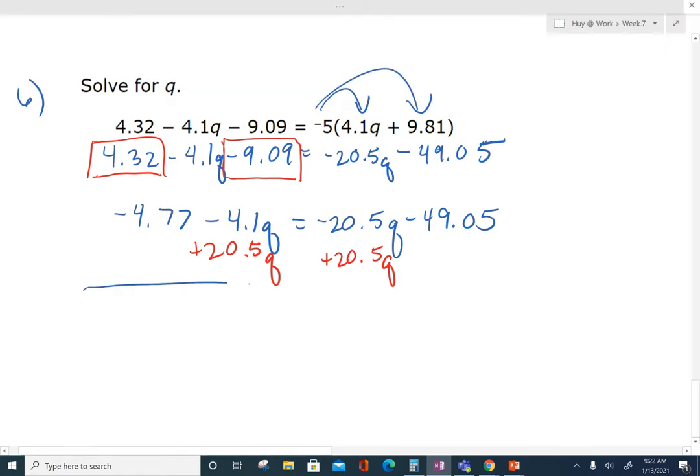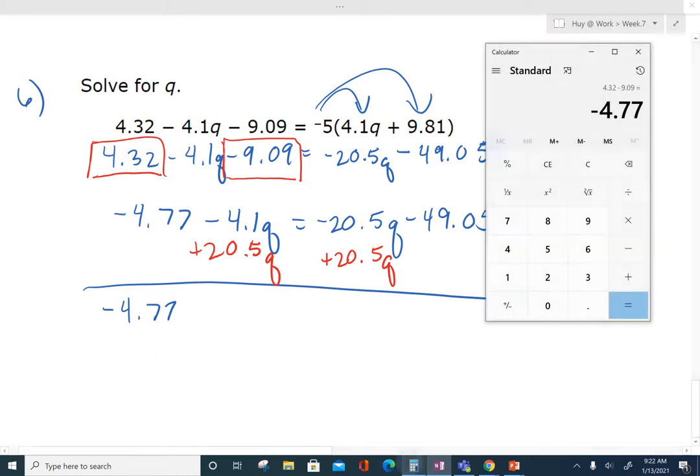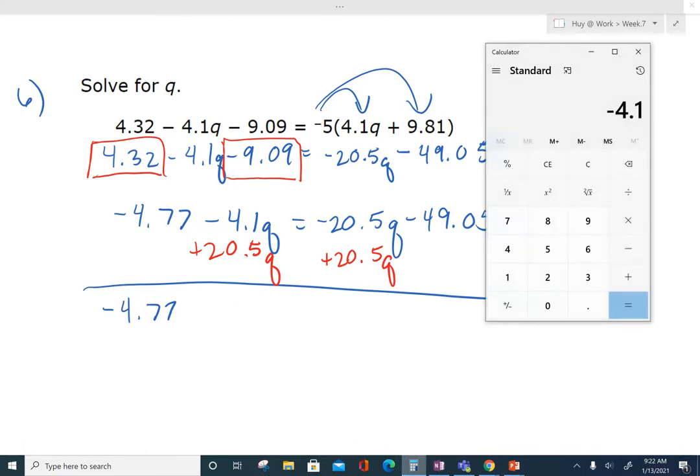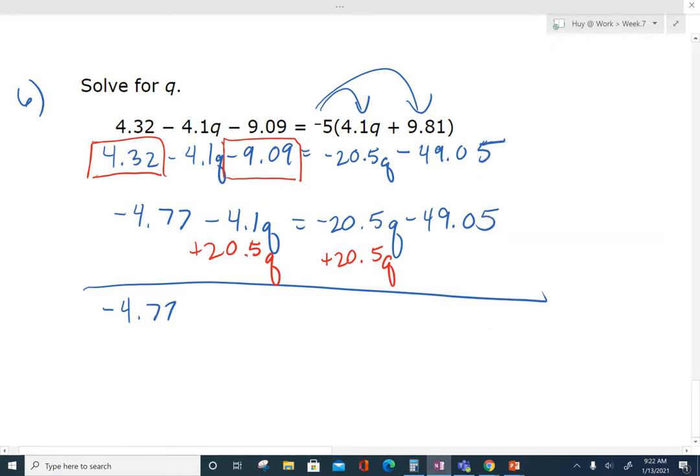So now this problem becomes a negative 4.77 because that comes straight down. I have 4.1q, but it's a negative because that sign in front stays with it, okay? Negative 4.1 plus 20.5. That's 16.4.